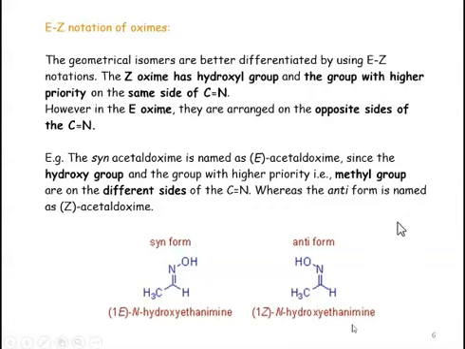The name remains the same. However, the orientation over here is different. And how is it different? It is just flipped to this side. We can denote this as the antiform, and in its IUPAC nomenclature, it will be denoted as 1Z N-hydroxy ethanimine. Clear? Yes, ma'am.